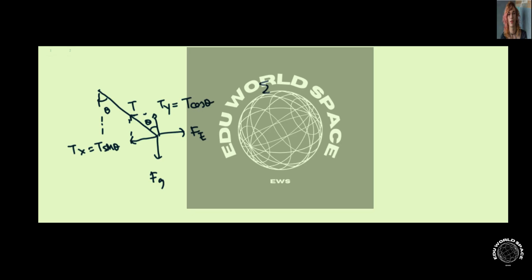Now, if we write the net force acting on this body in the x direction, then we have F sub e in the positive x direction, which we're taking as positive, minus T sine theta because it's in the negative x direction. Since the pendulum is not swinging anymore, it's in equilibrium, so the right-hand side has to be equal to 0.